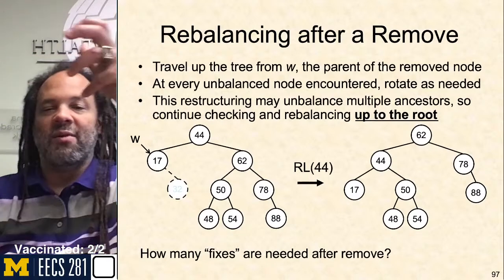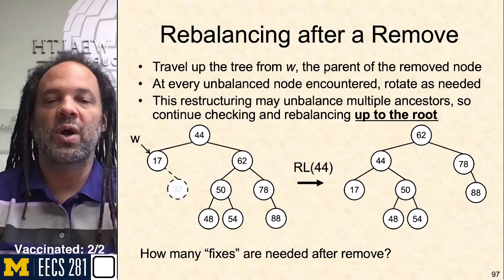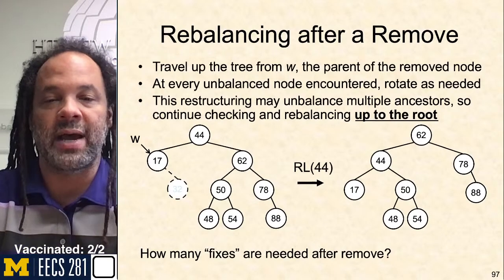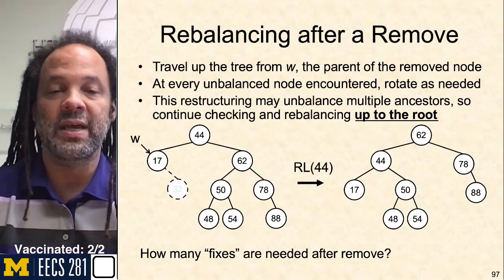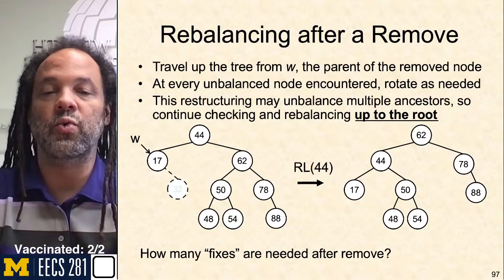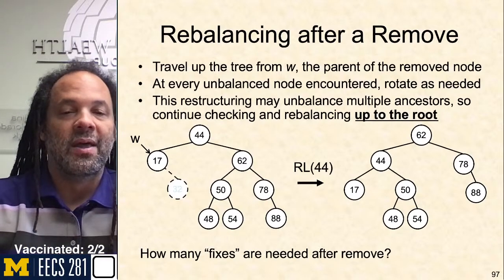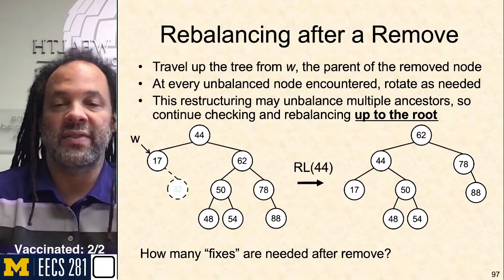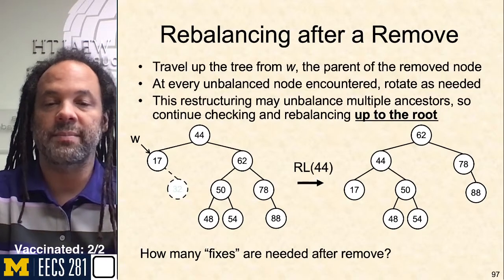This rotate left around 44 then swaps things over there. And we can see that 62 goes up and takes 44 as its new left child, even though 62 already had a left child, which was 50. That left child gets passed over to 44 to be its new right child. And that is the tree we get on the far side after we've done this. Now we've done this rotation left and we're up to the root, so there's no more checking to be done. But in a deeper tree, you might have to do something there.